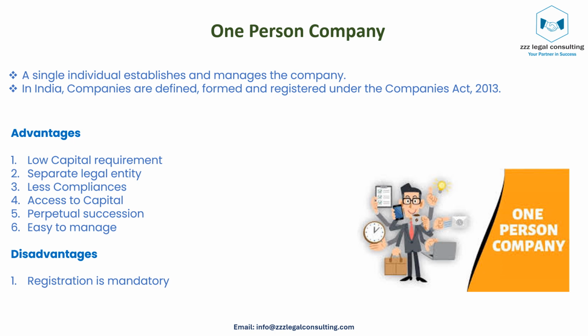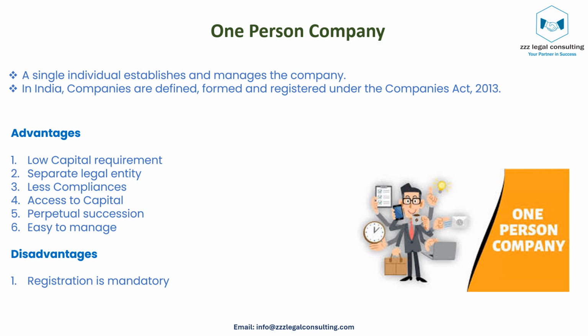As the name suggests, a single person can choose this form of business if he wants to obtain the registered entity status. Advantages: low capital requirement, separate legal entity, less compliances, access to capital, perpetual succession, and easy to manage. It enjoys the benefits of both company and sole proprietorship forms of business. The disadvantage is that registration becomes mandatory for this type of business.